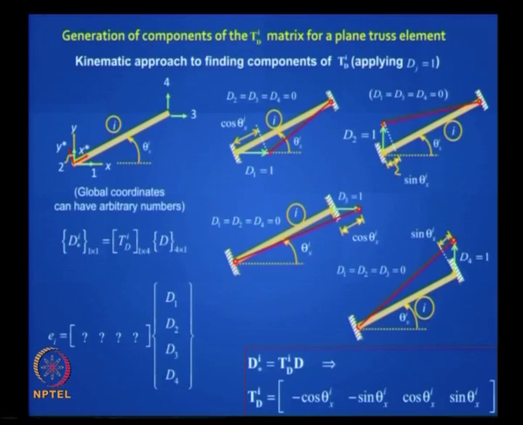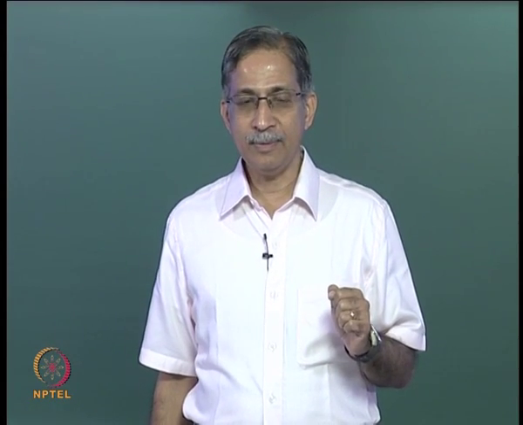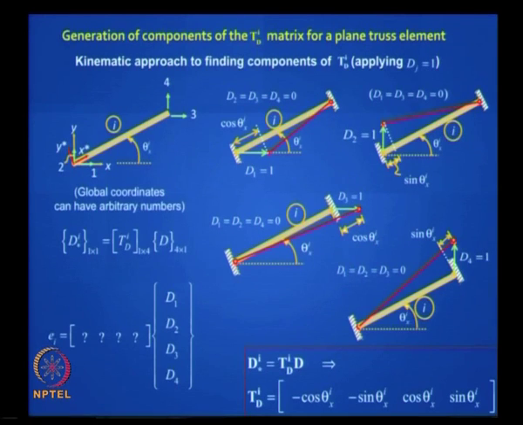Okay. Now we also need the displacement, the TD matrix, that is the displacement transformation matrix. Well, we are familiar with this slide because we used this when we dealt with plane trusses.